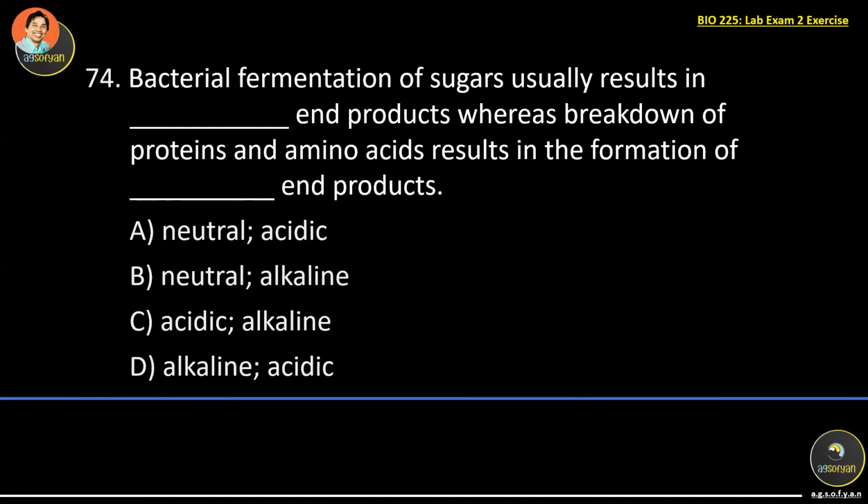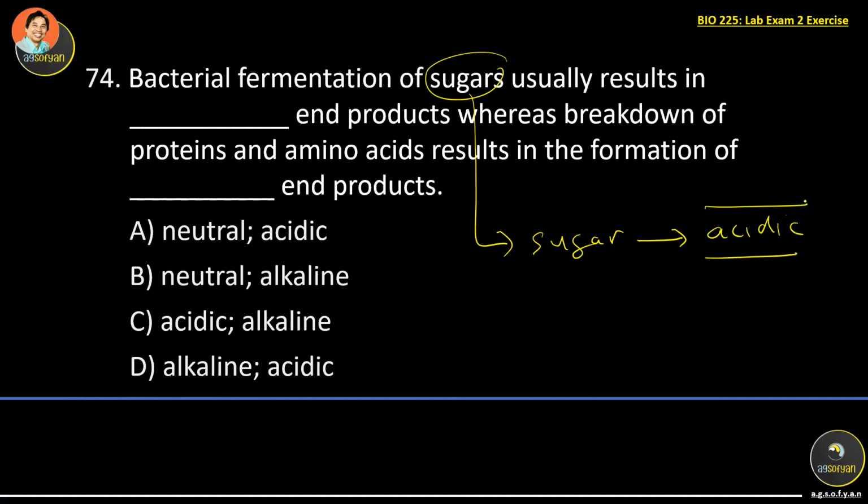Bacterial fermentation of sugar usually results in blank end products, whereas the breakdown of proteins and amino acids results in the formation of blank end products. Okay, what is the answer? Okay, when you ferment sugar, sugar fermentation, it will produce acid.